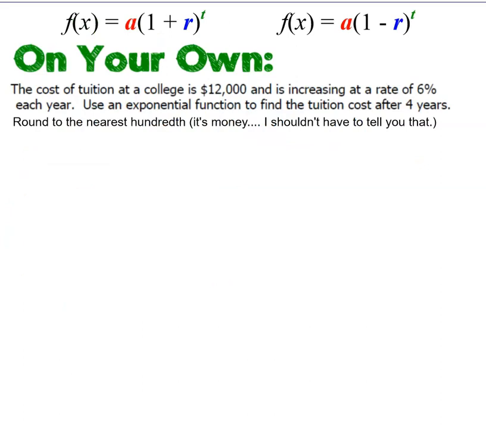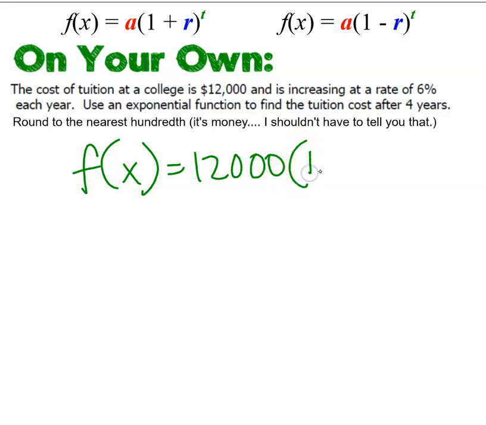Let's try one more. The cost of tuition at a college is $12,000 and is increasing at a rate of 6% each year. Use an exponential function to find the tuition cost after 4 years. Go ahead and pause the video and try writing your growth equation now. All right, you had your initial value of 12,000.